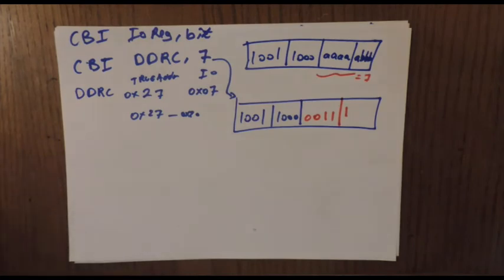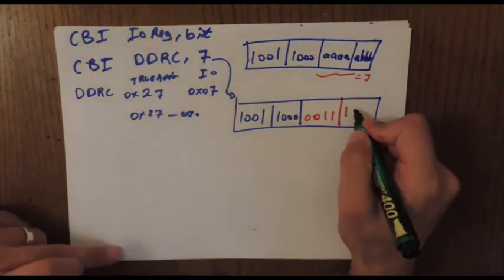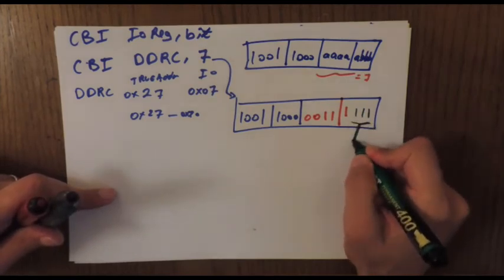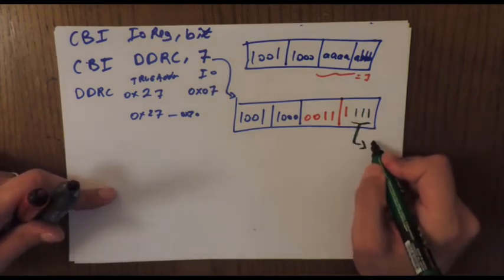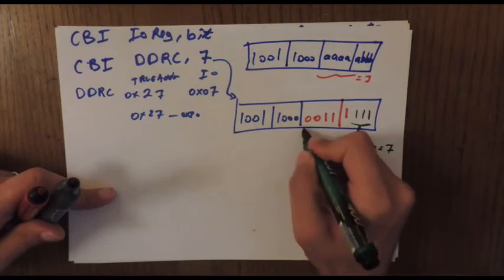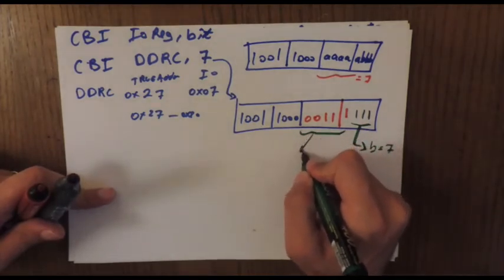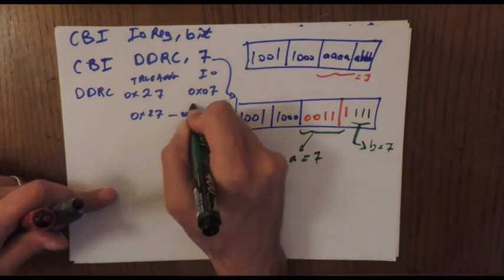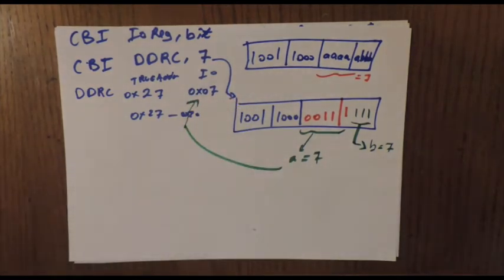We write 3 ones. So as we said, this is the bit number B equals 7, and this is A equals 7 again, and this A is coming from here. So this is how we transform the binary values for CBI and SBI.